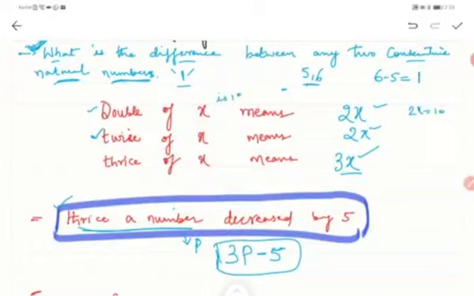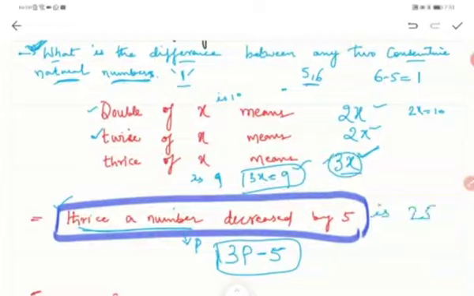Okay, thrice of x is 9. If a statement like this is given, I will take 3x is equal to 9. So this is called an equation, and this is called an expression. All right, so here: thrice a number decreased by 5 is 25.